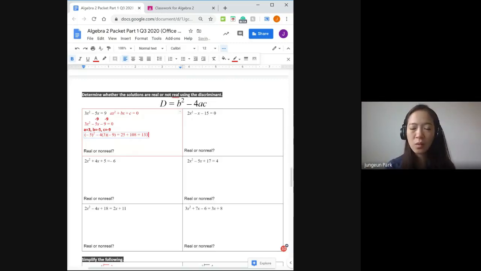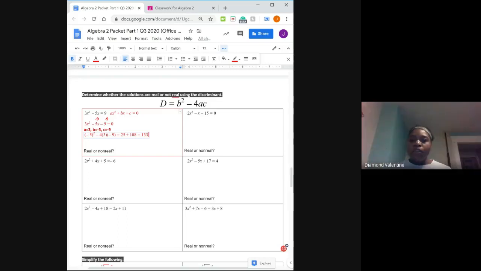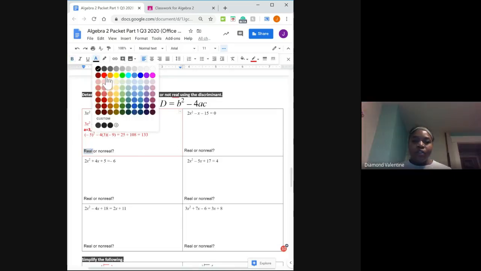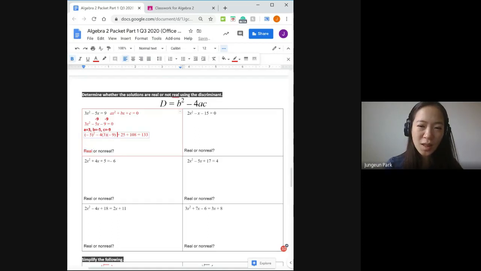Now that I got 133, I'm trying to tell whether this gives us real solutions or non-real solutions. If your discriminant is positive, what does that tell us? It's real. There you go. What if I got 0? Is that real or non-real? What if you got a negative number?